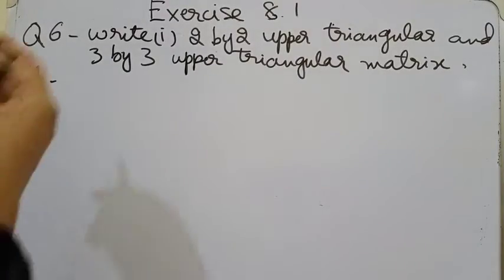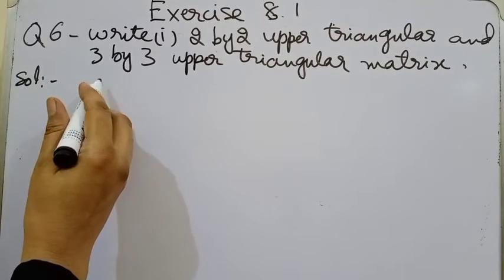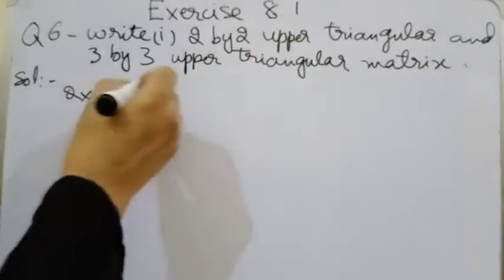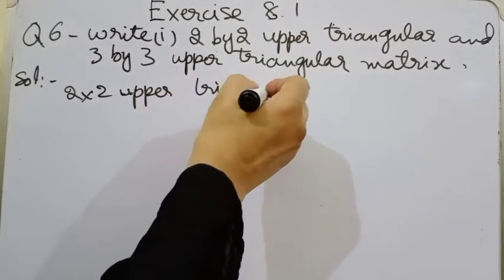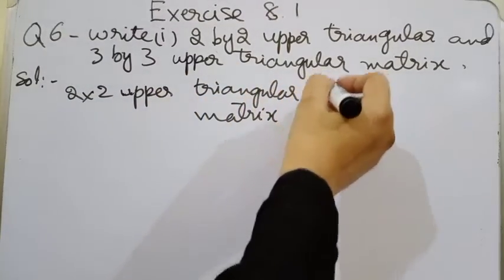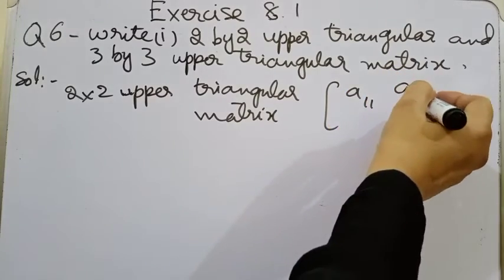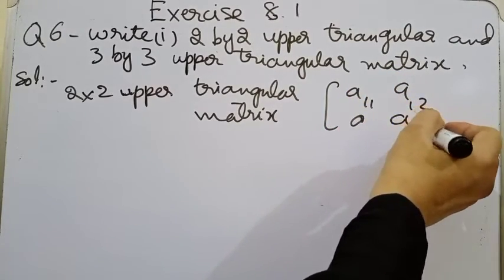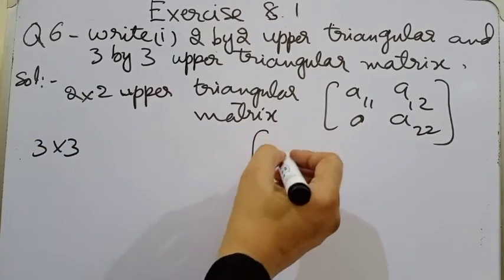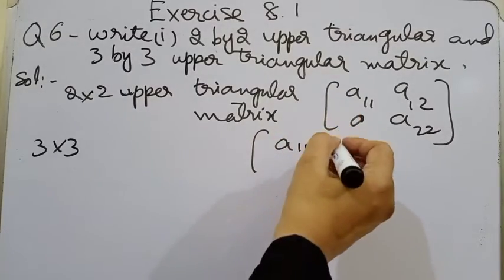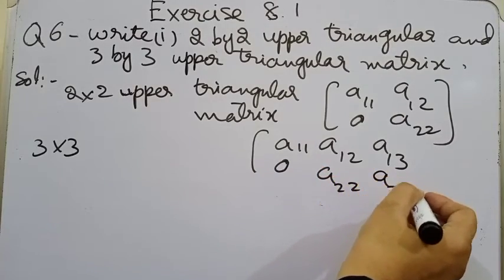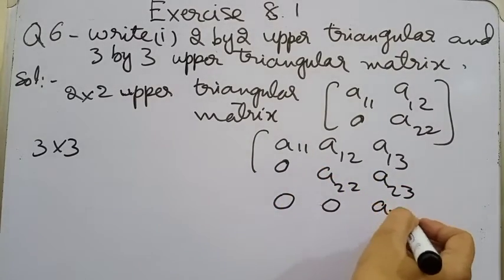We can construct a 2 cross 2 upper triangular matrix as A11, A12, 0, A22, and a 3 cross 3 upper triangular matrix as A11, A12, A13, 0, A22, A23, 0, 0, A33.